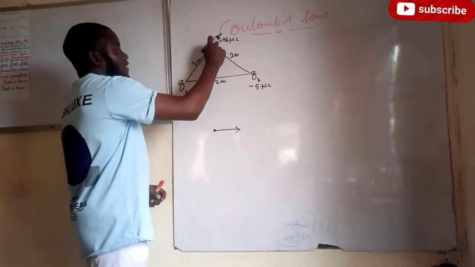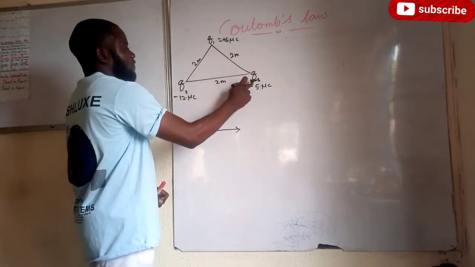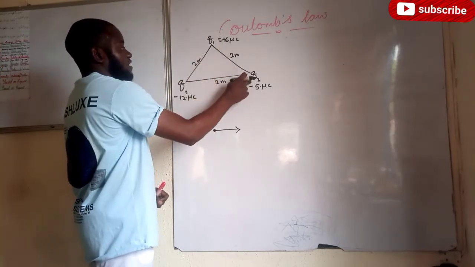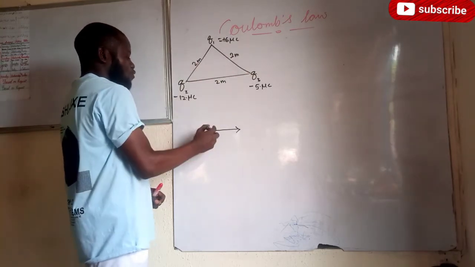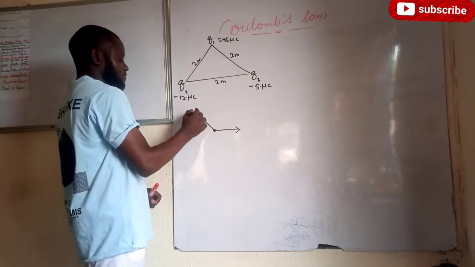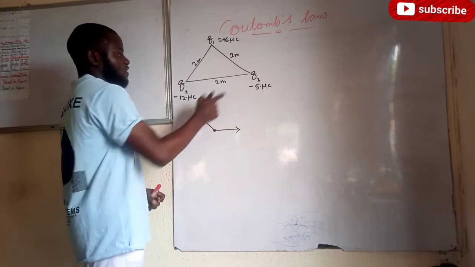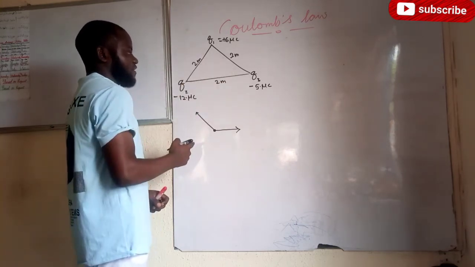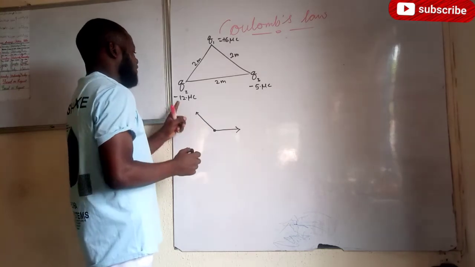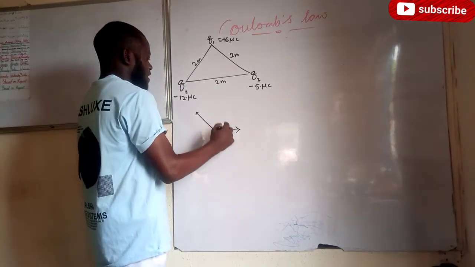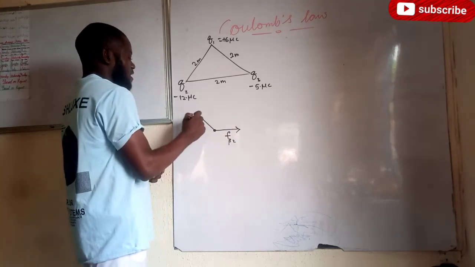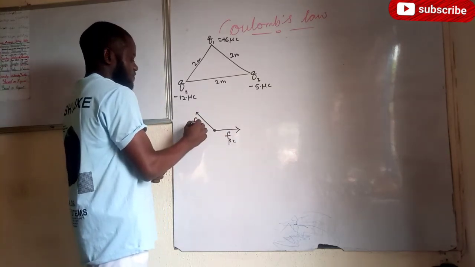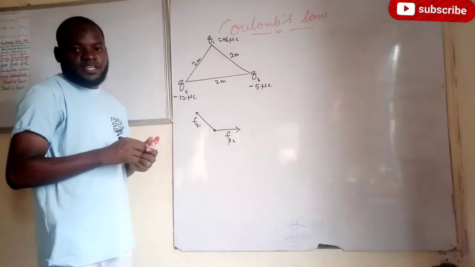Cool. And if you look at the effect of Q1 on Q3, it's going to be a force of attraction. That is going to cause Q3 to move in this direction. Are we together now? So if it causes Q3 to move in this direction, then we can find the value for F32 and F31. Are we together now?